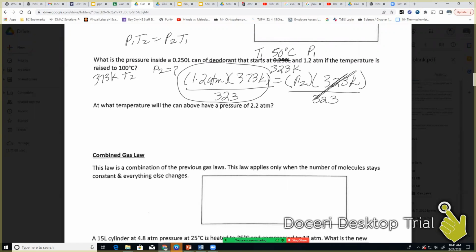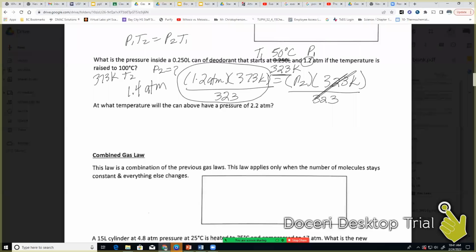ATMs, exactly. So hopefully you got 1.4 ATMs. The reason it's 2 sig figs is because we always go with the least, and the 1.2 had 2 sig figs. I know the 50 started out with 2, but by the time I changed it to Kelvin, it ended up being 3. When you do it in Celsius, you use the sig figs from the original, not after you change it, because that's actually what's going to go into the calculation.